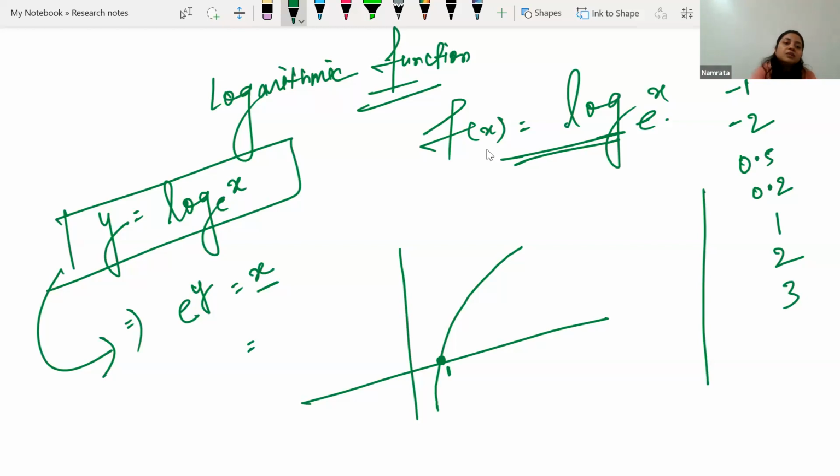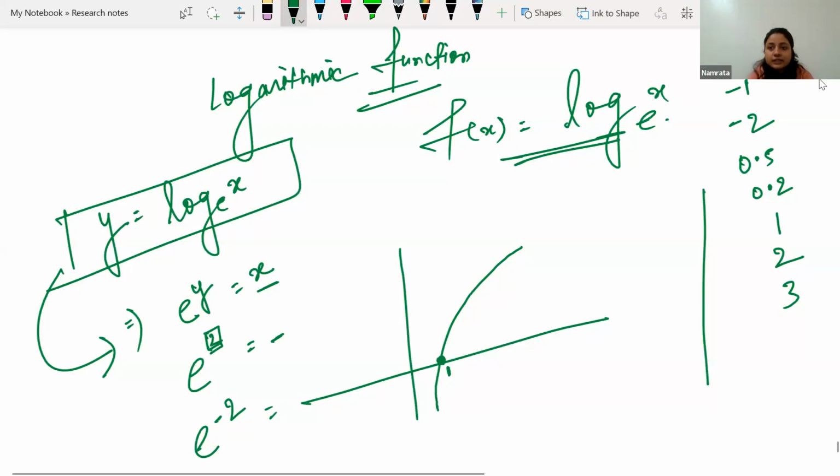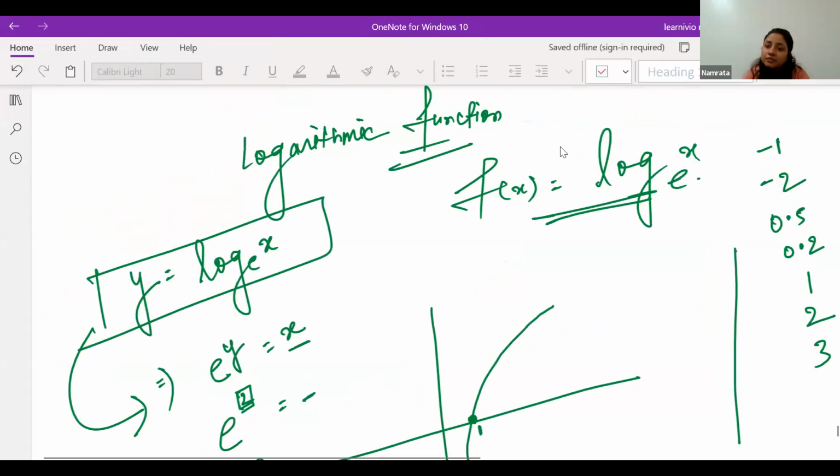Is it possible that e to the power anything will give you a negative result? If you take e to the power 2, will it give you a negative result? If you take e to the power -2, will it give you a negative result anytime? Is it possible? No. Whatever we take as a power, even if we take the power as a negative number, that will go in the denominator.